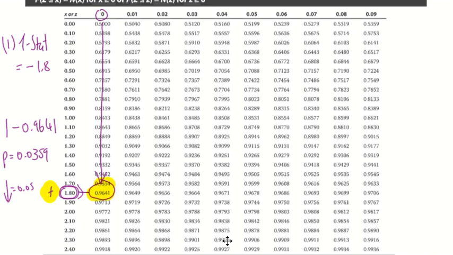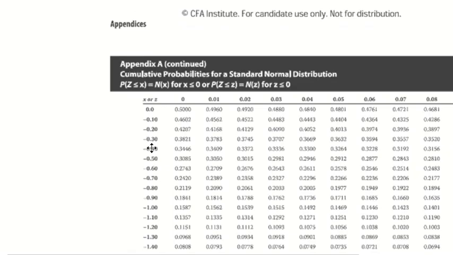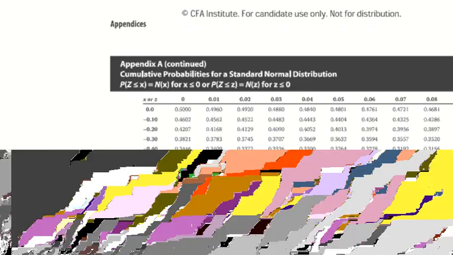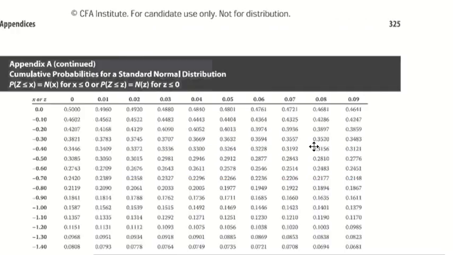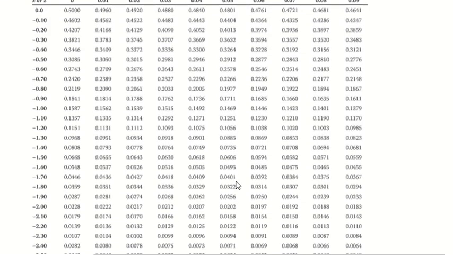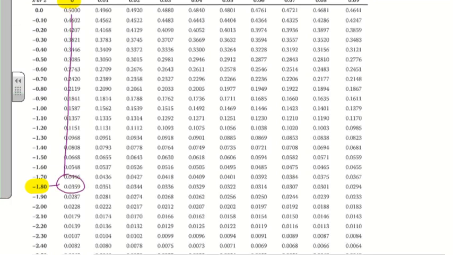What I want to show you that is interesting is that the Z table also has a negatives table. Here is my Z table for all the negatives. You could also just go to the negative table and find minus 1.8, and there's my actual number of 0.0359.